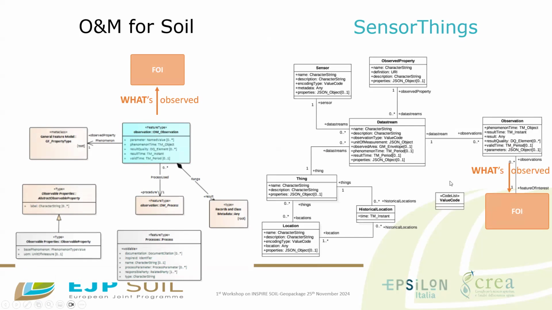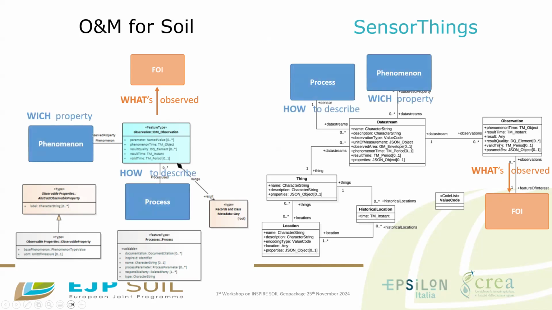In this slide, you see on the left the classic O&M model, and on the right the Sensor Things model. You can see that in all cases there is an observation that is linked to the feature of interest, so to what's observed. We have as well the classes for the phenomenon and the process, both in the O&M and the Sensor Things.